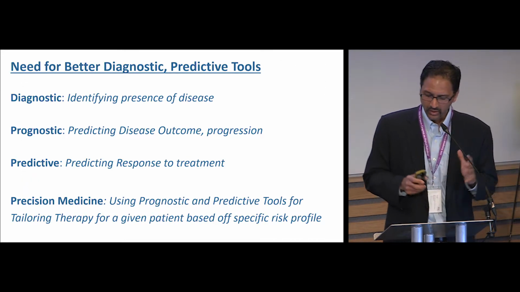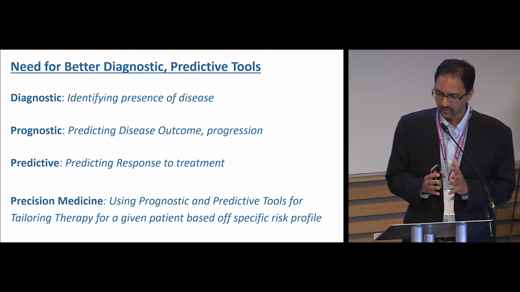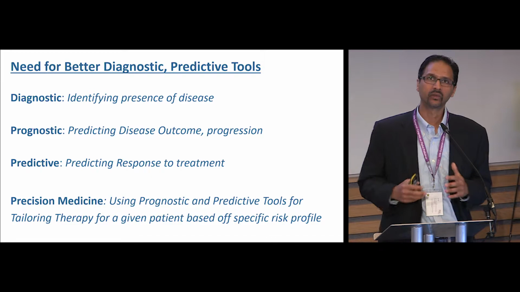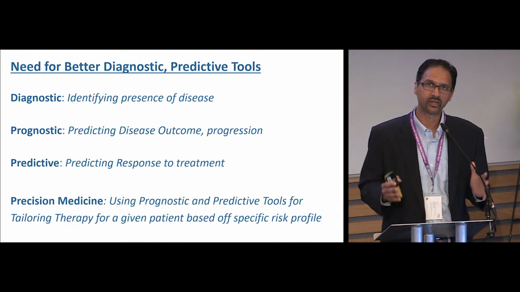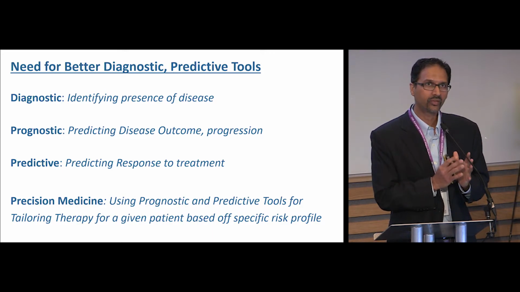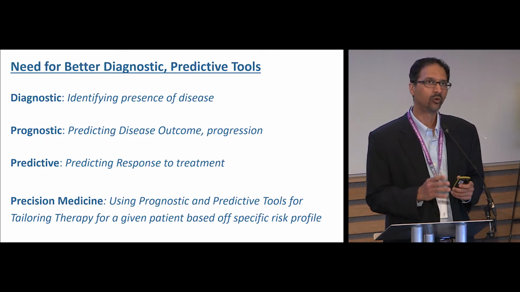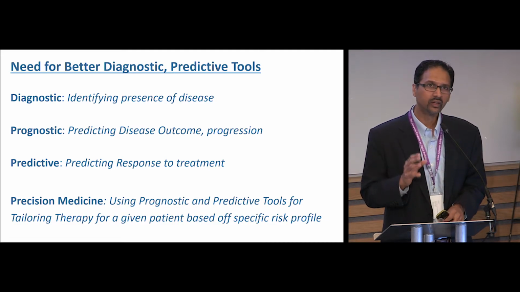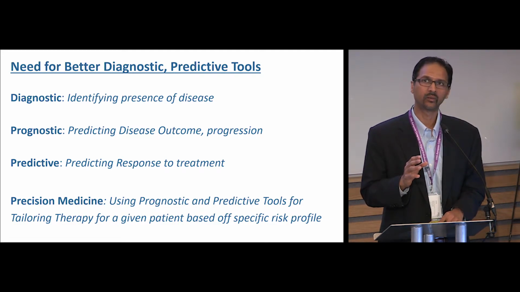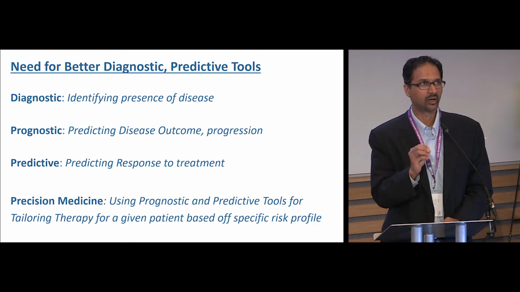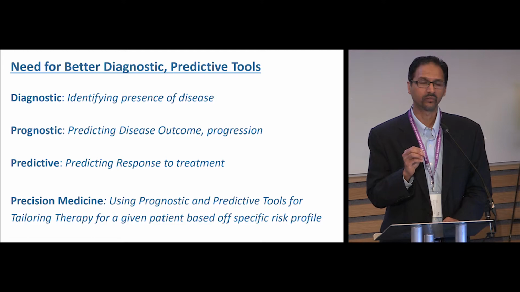And so I really want to frame this talk around artificial intelligence, around the role of computational imaging. But while we think about the role of AI from a diagnostic perspective, there's a recognition more and more that we need to think about AI and pathology also from a prognostic and a predictive standpoint.